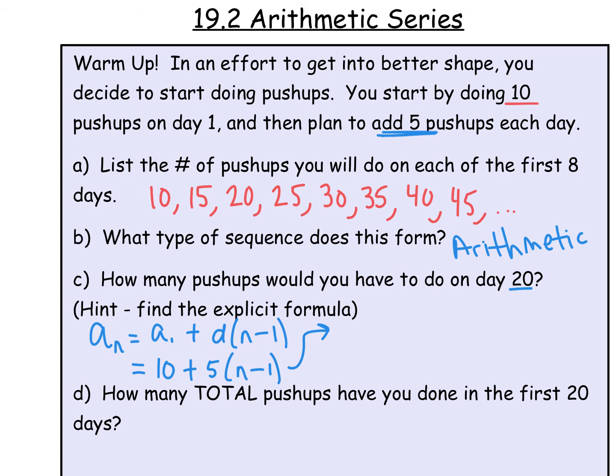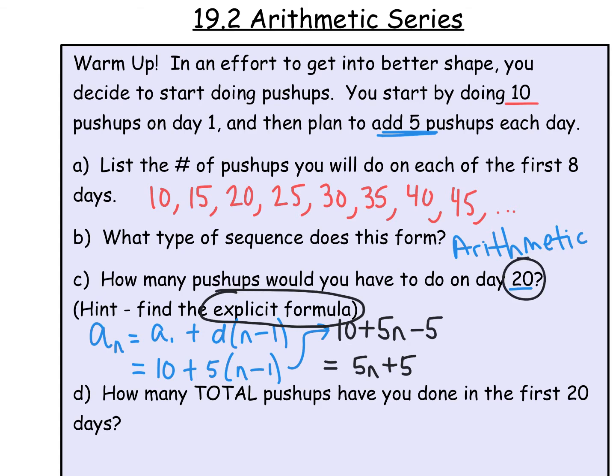If we want to distribute that 5 and combine some like terms and simplify the formula, we could write it as 10 plus 5n minus 5, which could also be combining the terms written as 5n plus 5. So that would be the explicit formula to find the amount done on any given day.